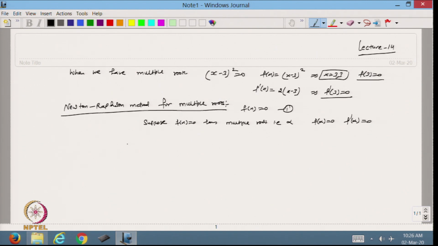I know that my Newton-Raphson method is x(n+1) equal to xn minus the function value at xn divided by the derivative at xn, where n is starting from 0, 1, 2, 3 and so on. We also know that it has second order rate of convergence.